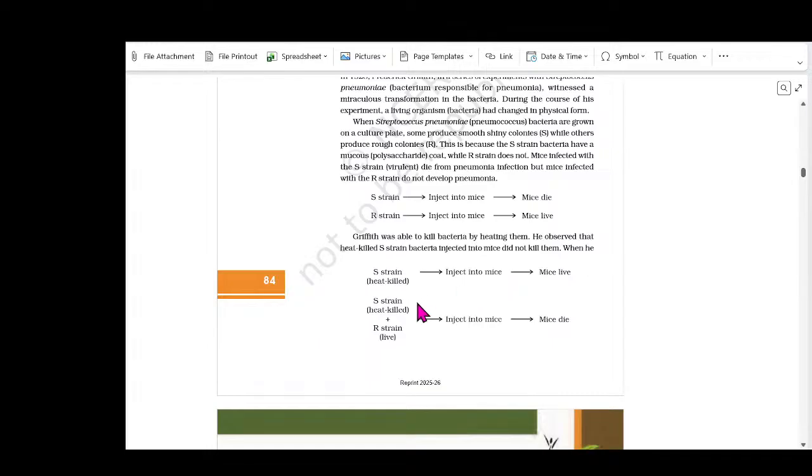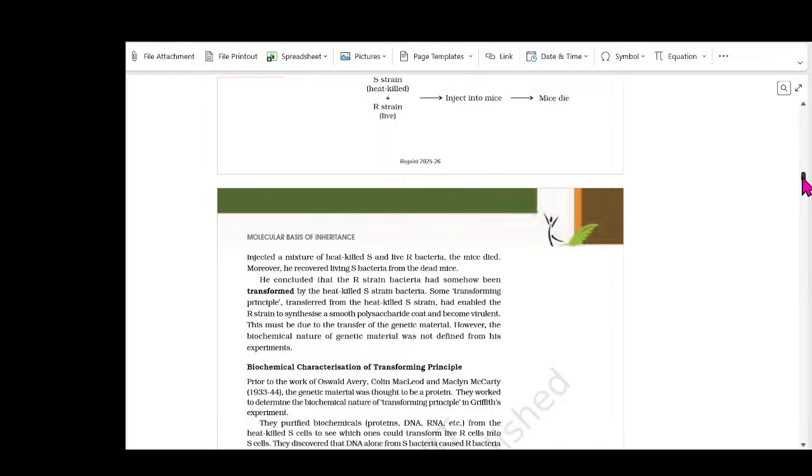But when heat-killed S strain was mixed with live R strain and injected into the mice, the mice died. Moreover, he recovered living S bacteria from the dead mice. He concluded that the R strain bacteria had somehow been transformed by the heat-killed S strain bacteria.